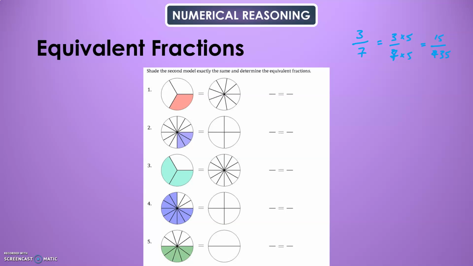As an example, the first one is divided up into 3, and there is one side shaded in. Now in the second diagram, there are 1, 2, 3, 4, 5, 6, 7, 8, 9 different segments. Roughly, if I shade in one shape, that's going to be too small.